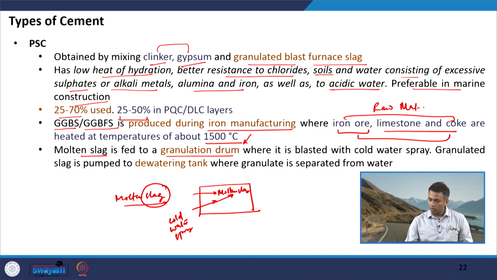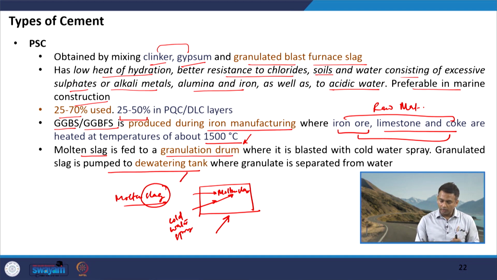So, that is how we get the granules of the slag, and this granule is later pumped to a dewatering tank. So, what is a dewatering tank? Because at this moment the molten slag is mixed with cold water, we have to remove water from the slag now.